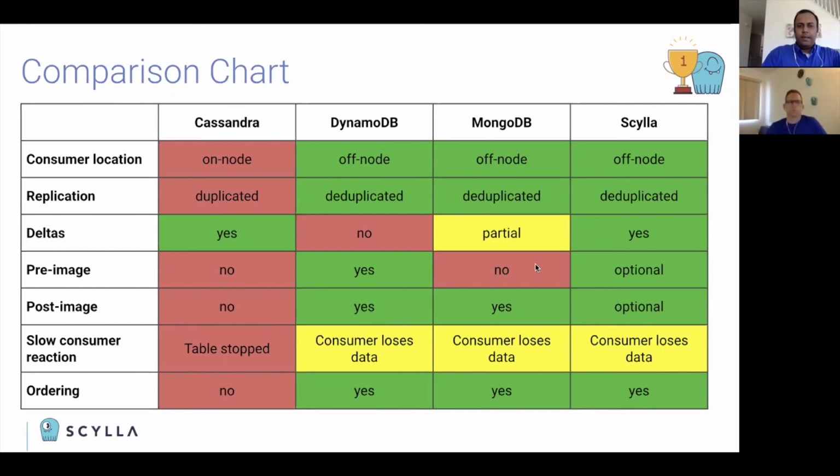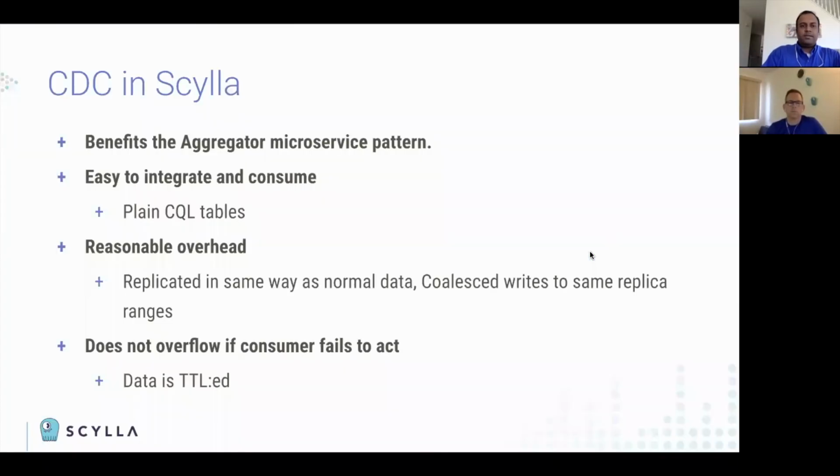No worries. Here is an eye chart which compares Scylla with Mongo, Dynamo and Cassandra from a CDC standpoint. There are significant benefits which you see. And here are some takeaways.